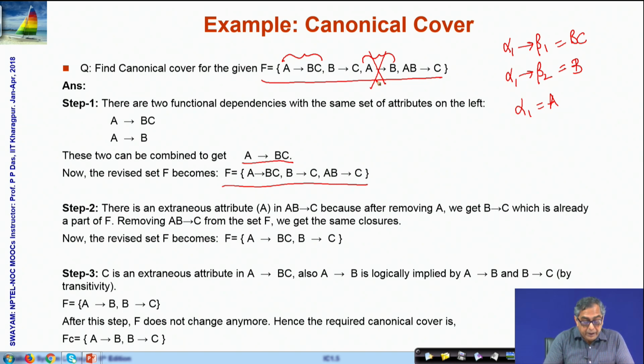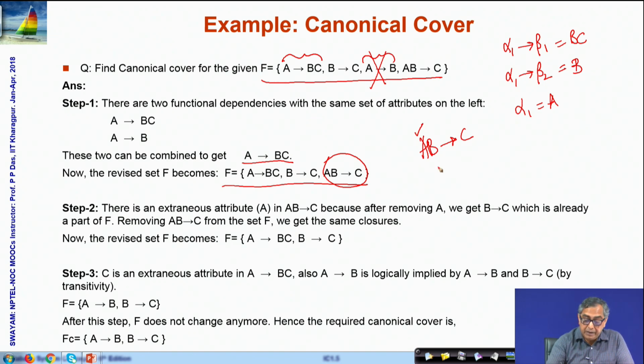So, now let us say we consider this functional dependency A B determines C, and I want to see, is A an extraneous attribute in A B determines C? So, I want to see if A is extraneous, if it is unnecessary.